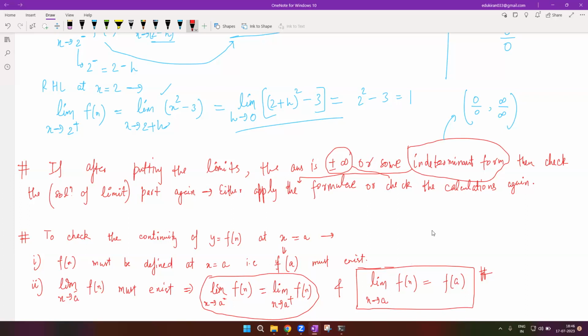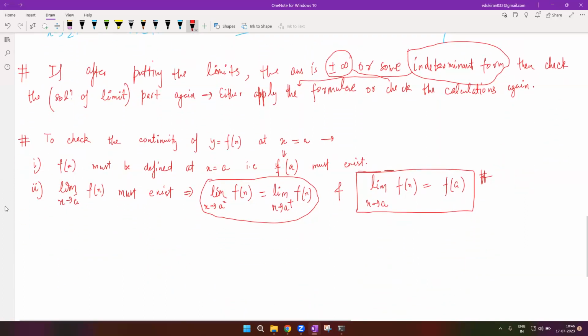So if I'm checking the continuity of a function at x equals a, what both of these points are suggesting is this: if you are checking at x equals a for the function y equals f(x) whether this is continuous or not, you will check these three things.